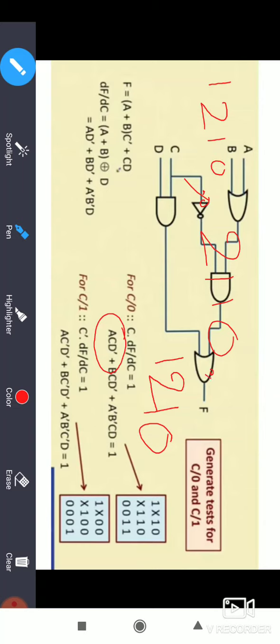Next, A bar B bar C D means 0 0 1 1. This is the cube method. Representing the first term A C D bar, here B is missing, so the missing term you can write with the digit 2.